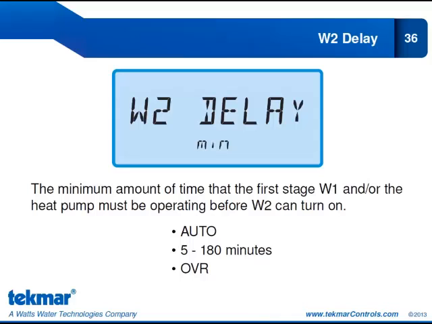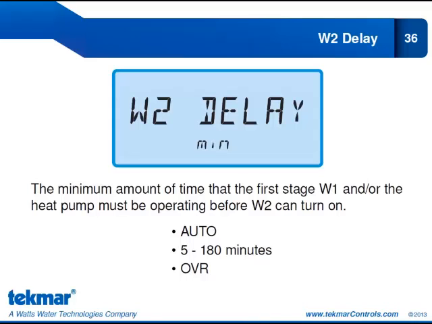W2 delay. Now this is available for all of the heat terminals. It is the minimum amount of time that the first stage and or the heat pump must be operating before W2 can turn on. So 2 conditions must be met. The W2 differential must be met if it's a coil or furnace heat terminal, and the W2 delay must be met.